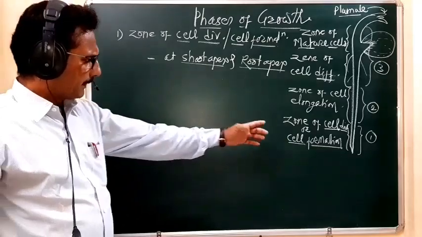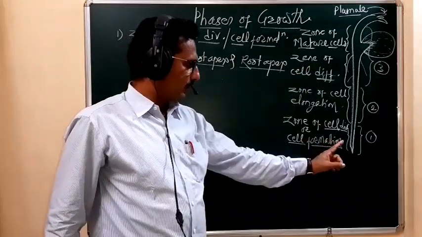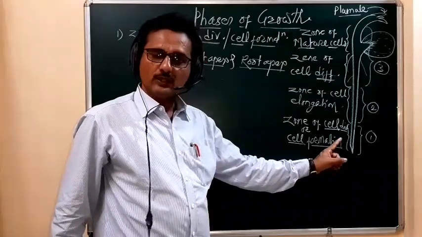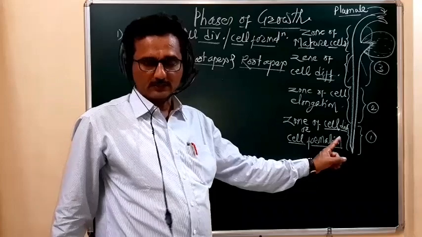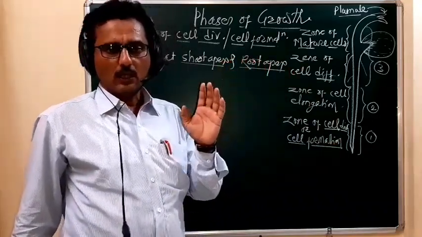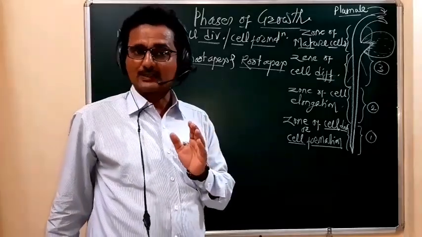In the diagram drawn here, what we observe is the region of the root apex. In the case of the shoot, in the previous lecture we saw how the apical meristem is situated there.